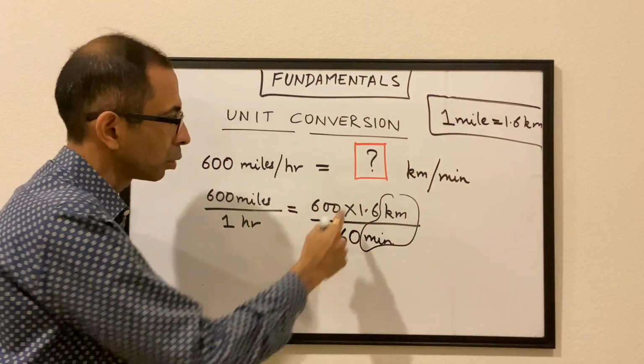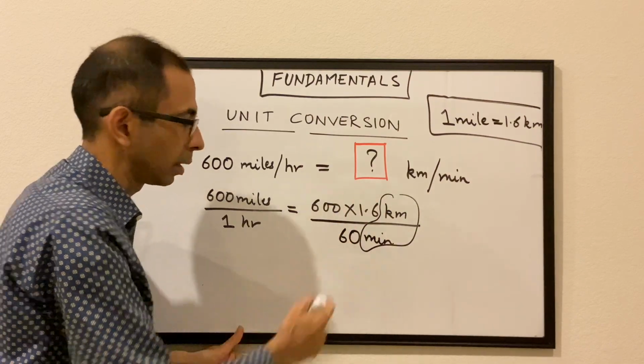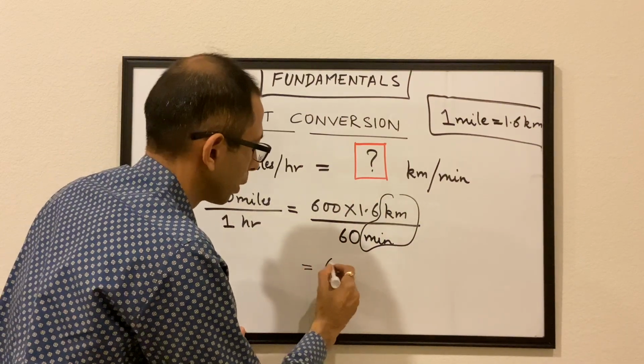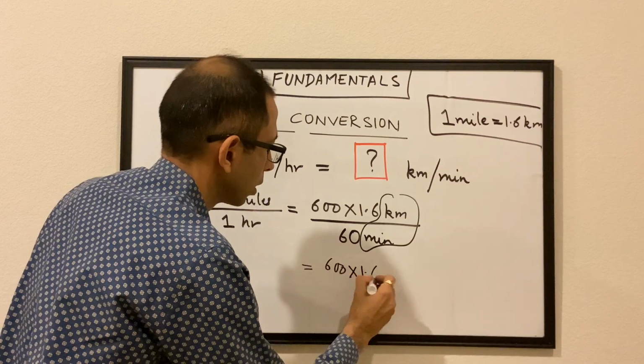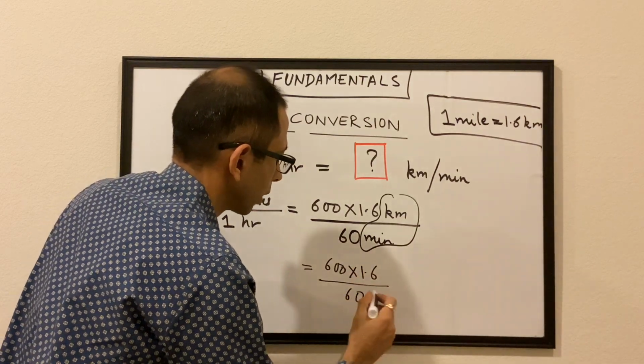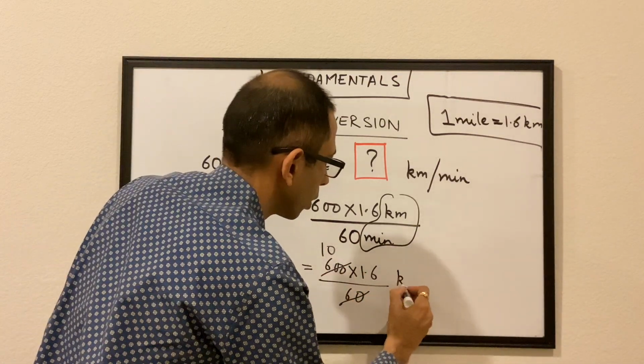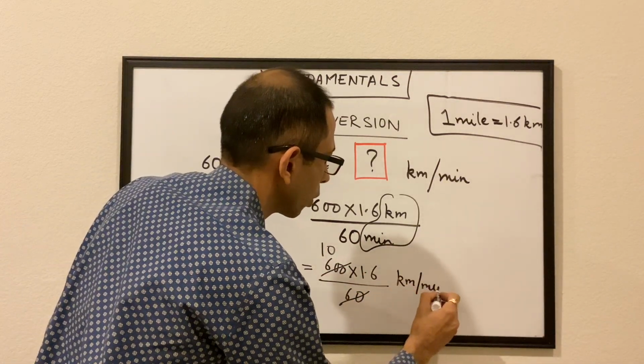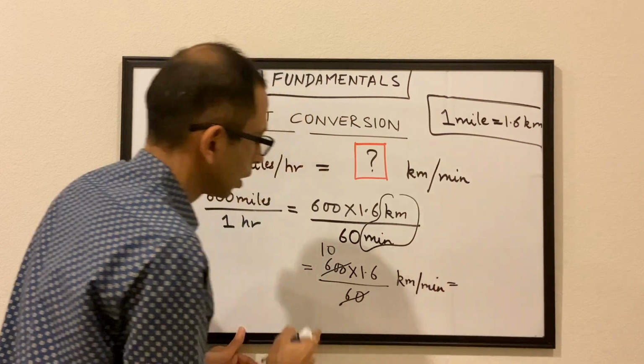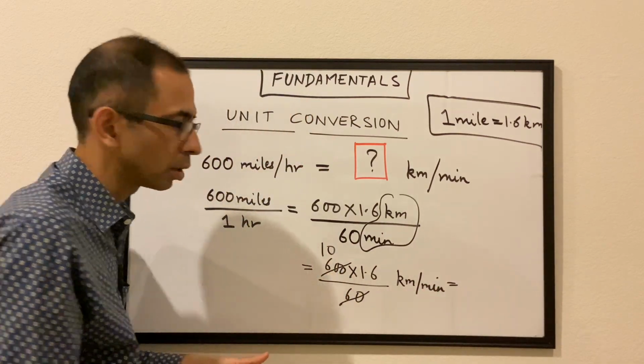We wanted to convert this speed in terms of kilometers per minute, which is here. All we got to do is just manage the numerical part here. 60 times 10 is 600. Of course, the unit is already changed to kilometers per minute, and 10 times 1.6 is 16.